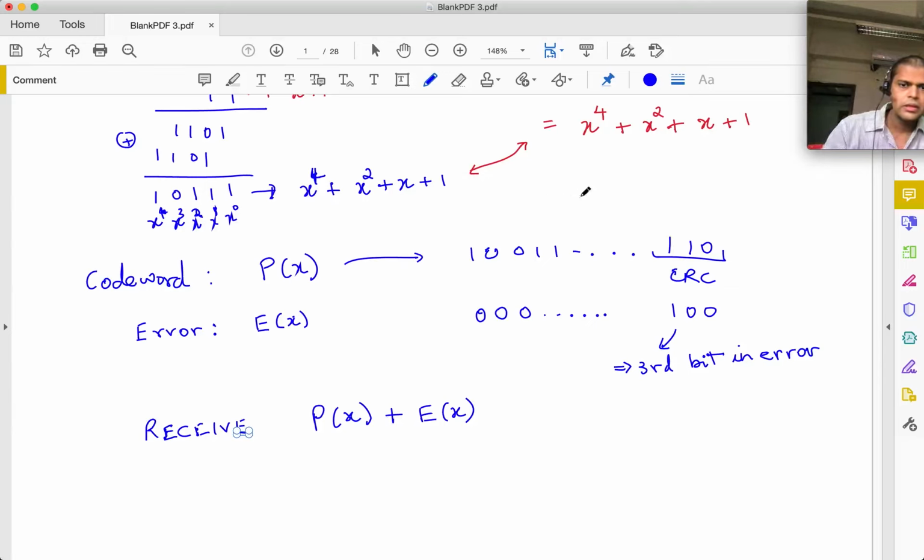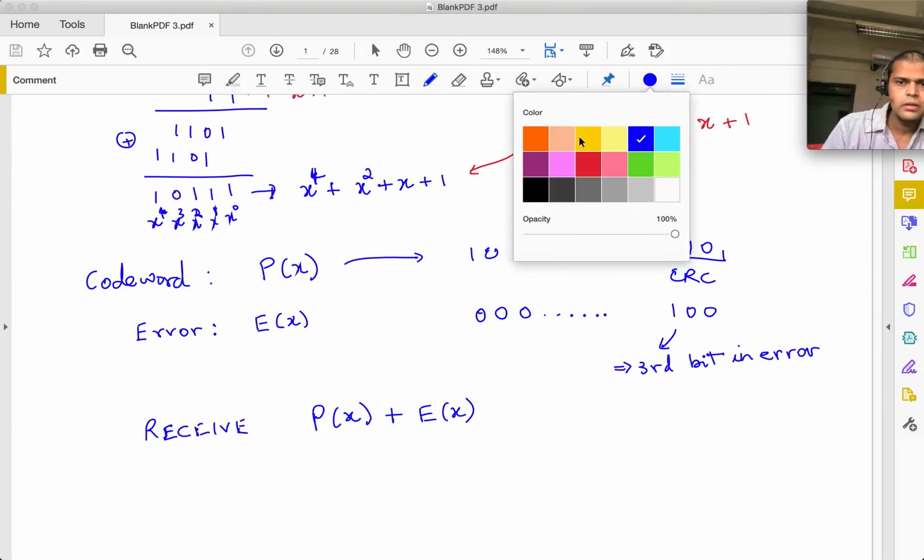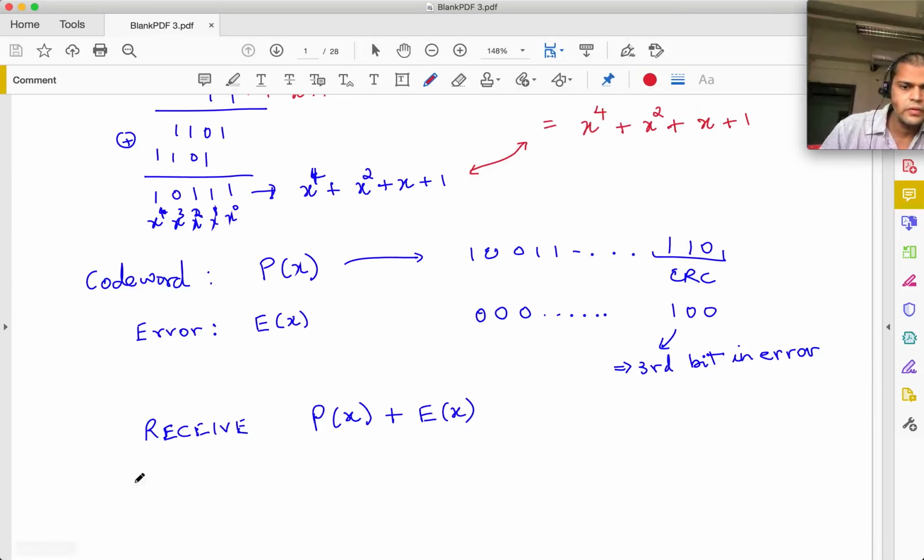In this example there was only one bit in error. So what if the third and the fifth bit were in error? What would E of x look like? Again, as you would expect, it's straightforward enough.